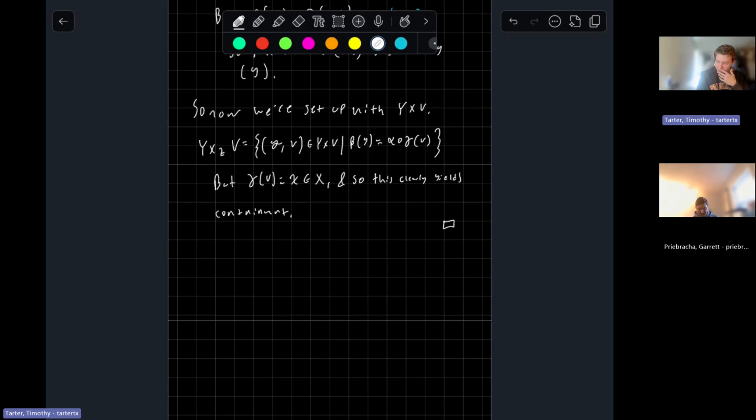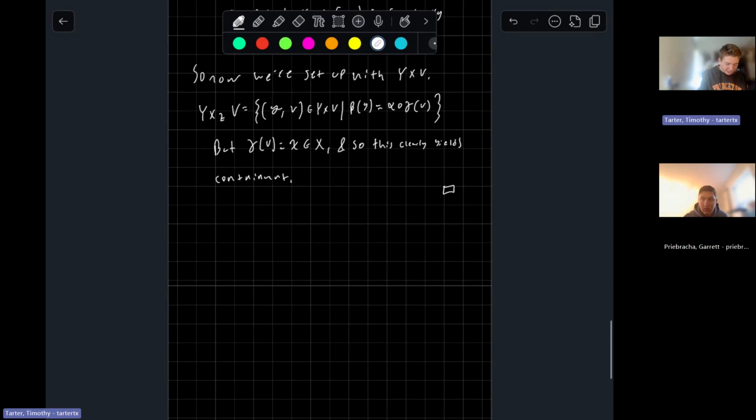Okay. So there are natural morphisms between fibered products. I'm going to state this as a theorem because the exercise is to figure out the diagram. So we're given morphisms x1 into y, x2 into y, and then y into z.